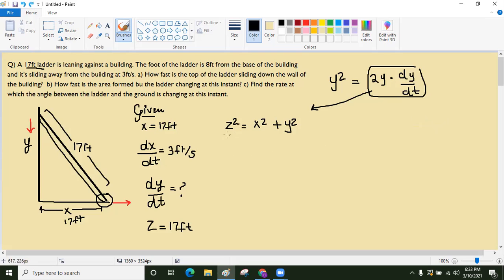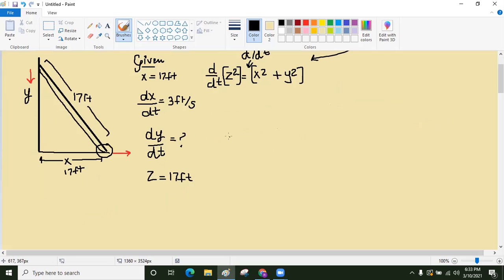So if we take the derivative of both sides here, if we were to do d over dt, of course, these are all functions of time. On the left-hand side, it wouldn't be what you think.